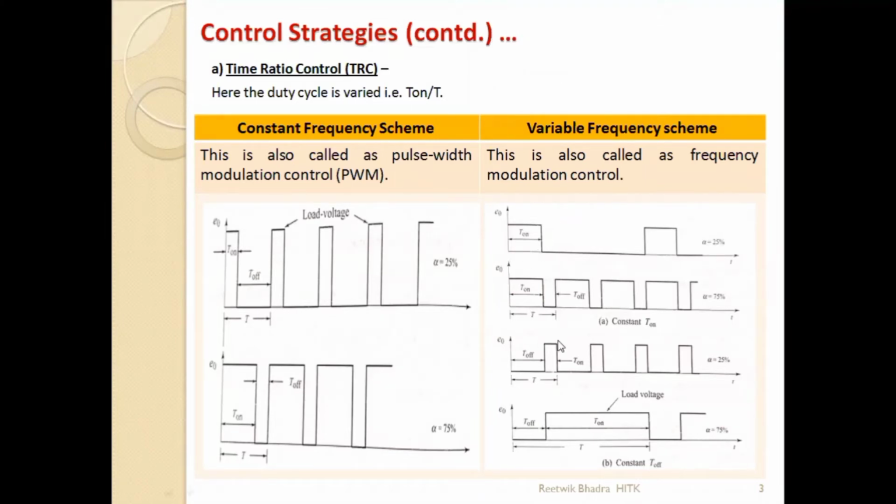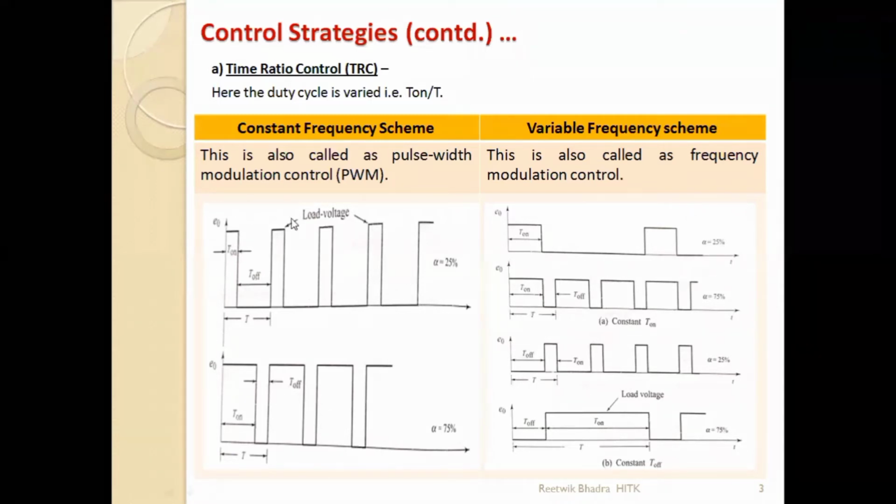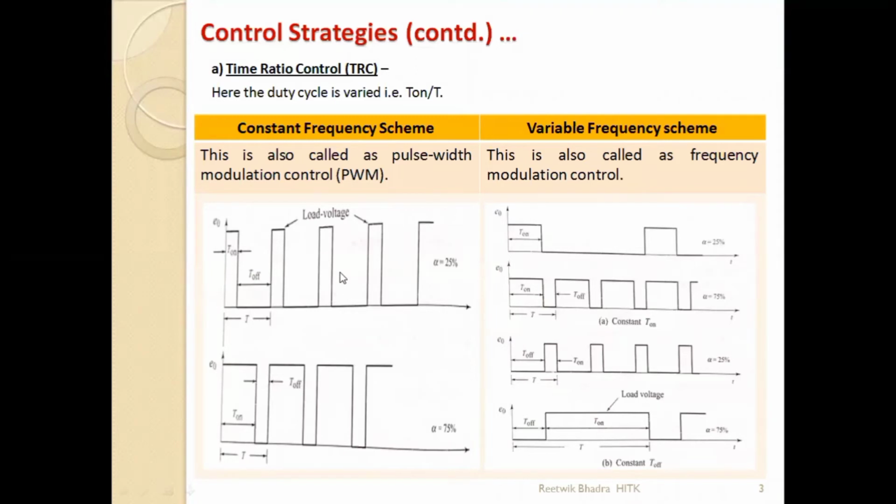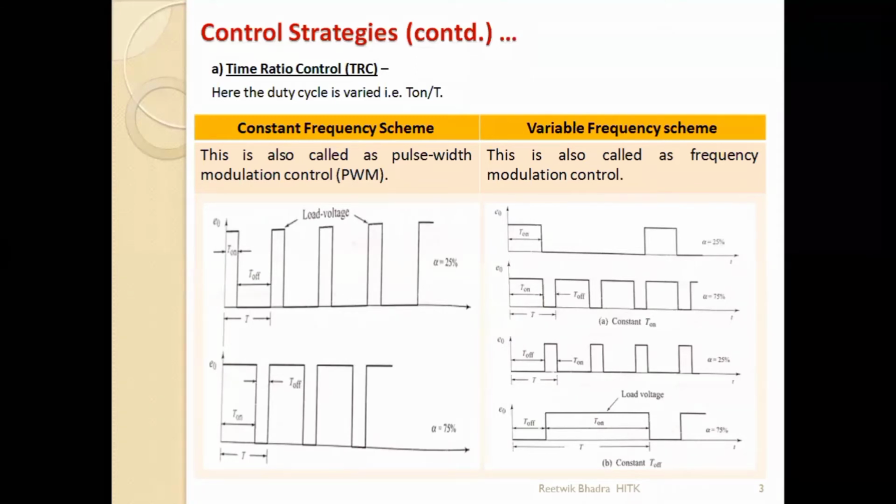So if your switching frequency goes on changing again and again in the second scheme, your values of inductor and capacitor will go on changing again and again. It is very difficult to implement different values of inductance and capacitance in one single circuit again and again. So it's a good method to go for the constant frequency scheme only, where my energy storing elements' values will remain constant, because those are switching frequency dependent.